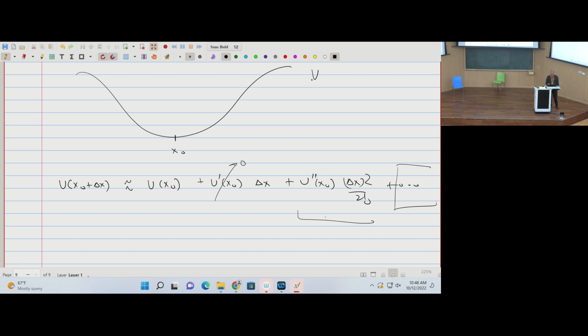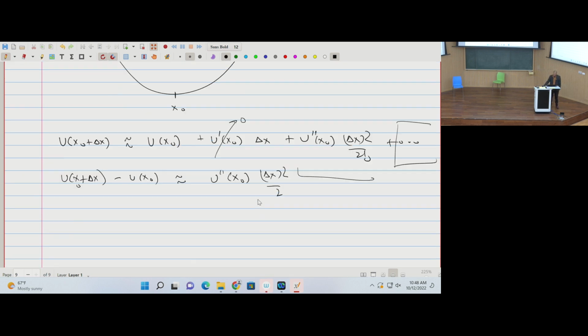So I want to calculate the change in potential energy, and I only retain the first term because delta x cube will be much smaller than this one. By the way, what does this delta U look like? Like half k x square. Harmonic oscillator.